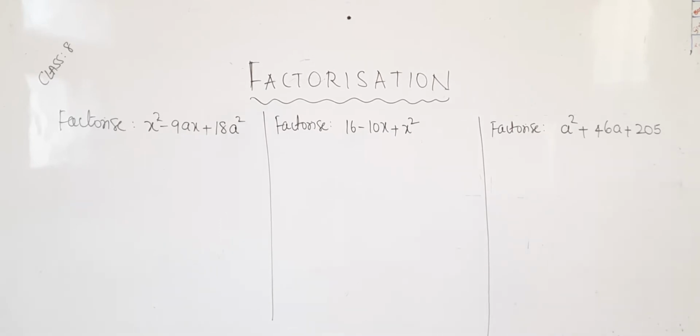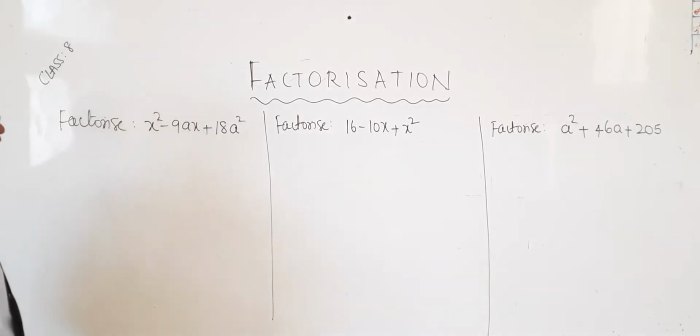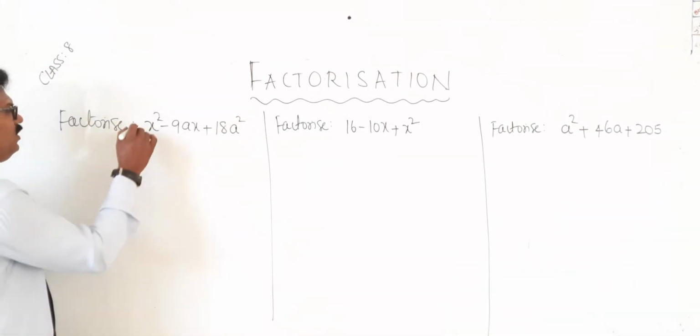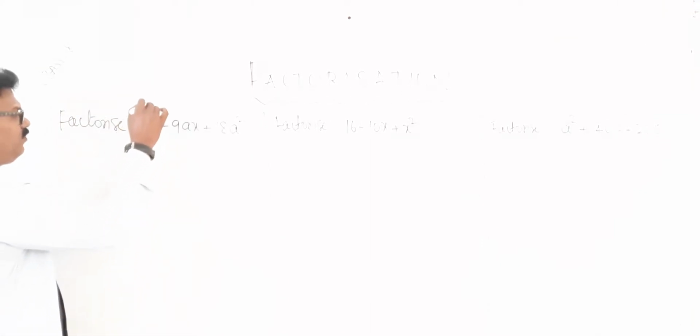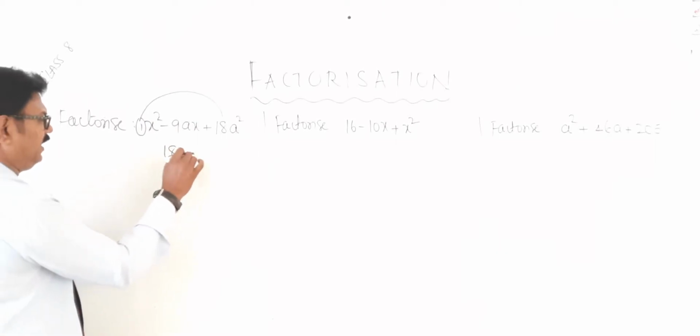Yes, one more set of problems. Factorize x square minus 9ax plus 18a square. Already I told you, when nothing is written it is 1. First we should multiply 1 into 18, that is 18.